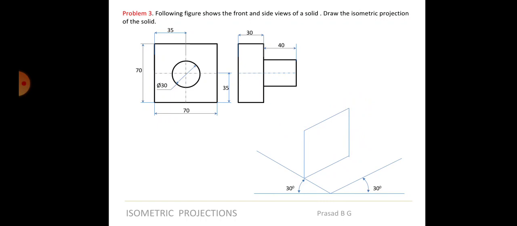Now what you have to do, let's say this box is equal to how much? What is the size of this? Is equal to the ellipse, right? You have to draw the ellipse here.